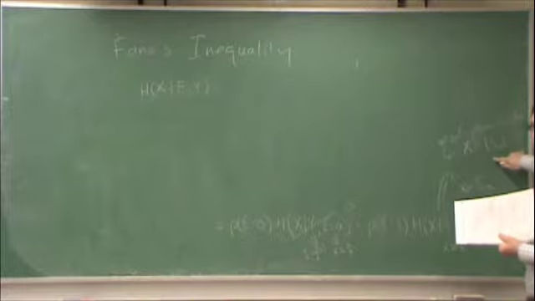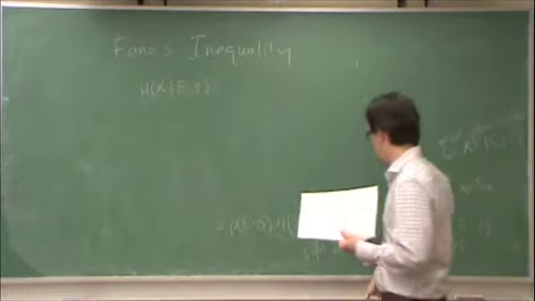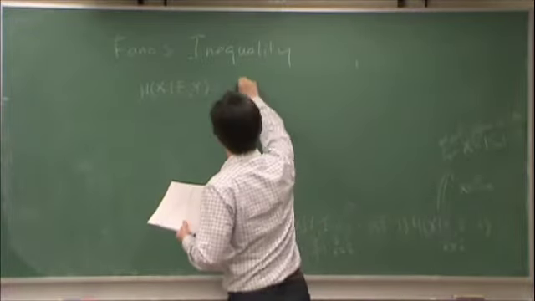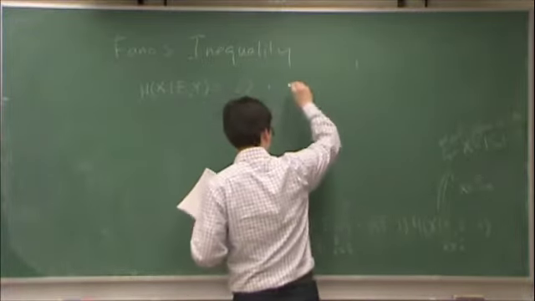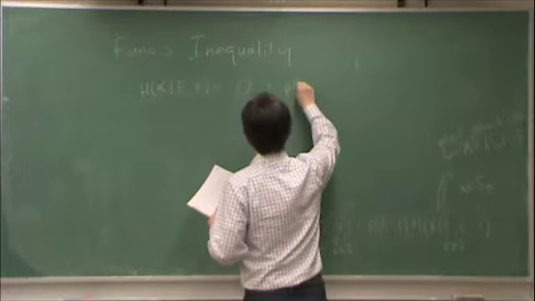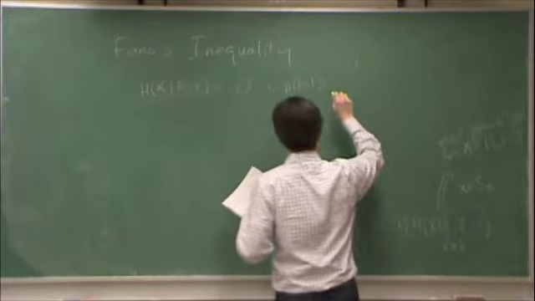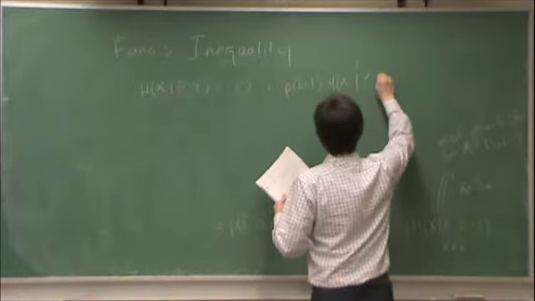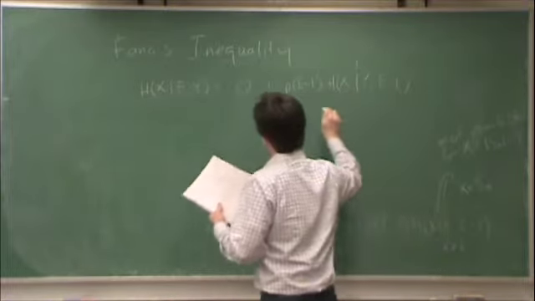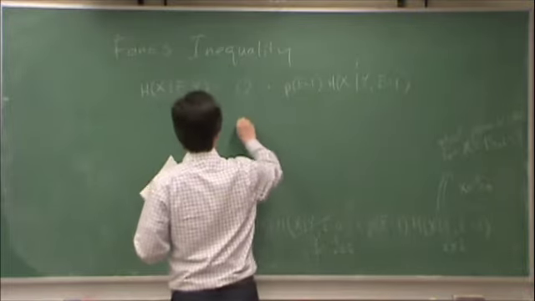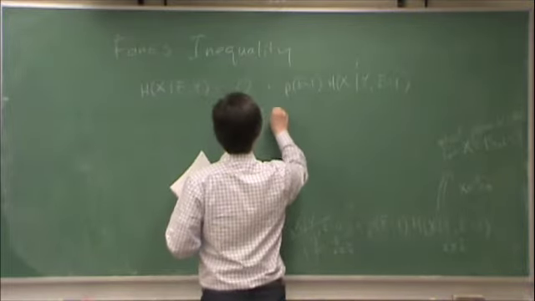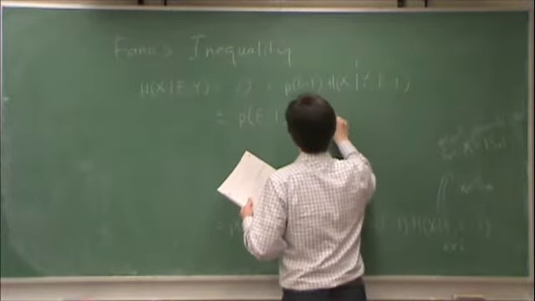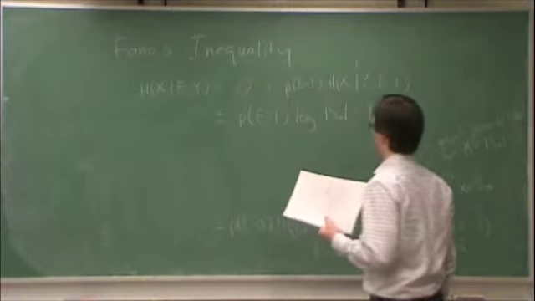Just log of this. So h of x given E and y is equal to this term, which is 0, plus the probability that E equals 1 times h of x given y and E equals 1, which is less than or equal to the probability that E equals 1 times log cardinality Sx minus 1.